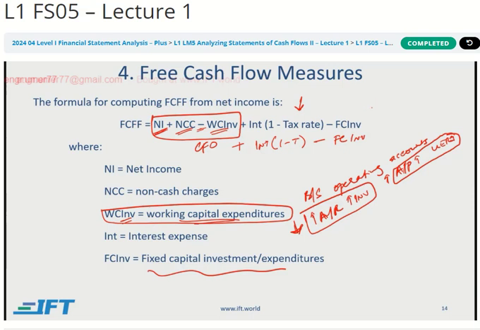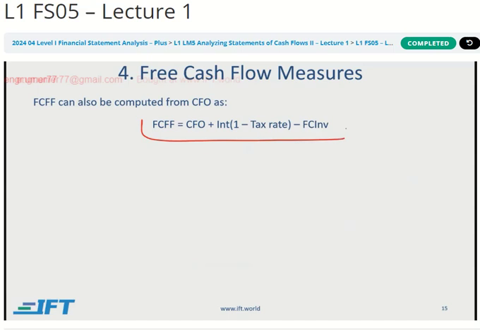This is money that is needed for maintenance of the company's property, plant and equipment, and this will be subtracted before you can come to the cash flow that is available for the providers of both debt and equity. And that's the formula that you see over here, where instead of writing net income plus non-cash charges minus your investment in working capital, we've just written CFO directly.